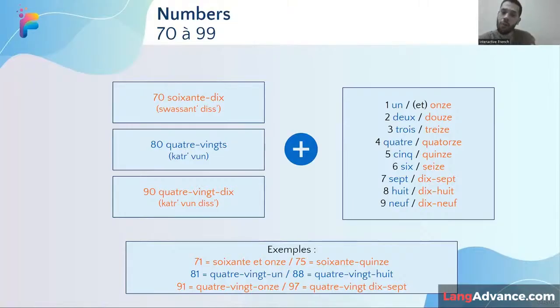Now, 80 works like the numbers from 21 to 69 worked. So basically, you just have 80 and then you add the other numbers, right? If you want to say 81, 82, 83, this is how it works. So it goes 81, 82, 83, 84, 85, 86, 87, 88, 89.